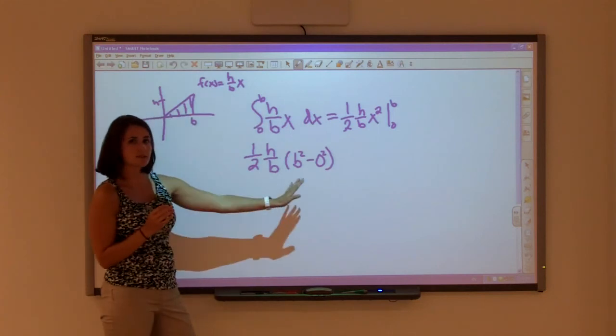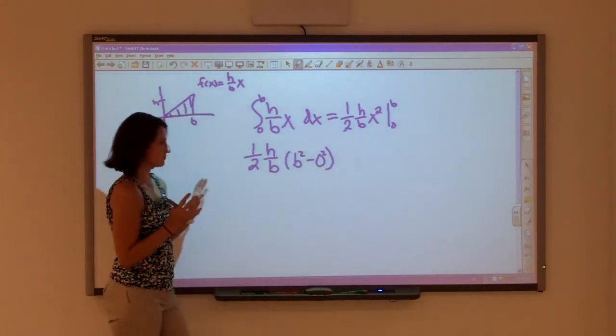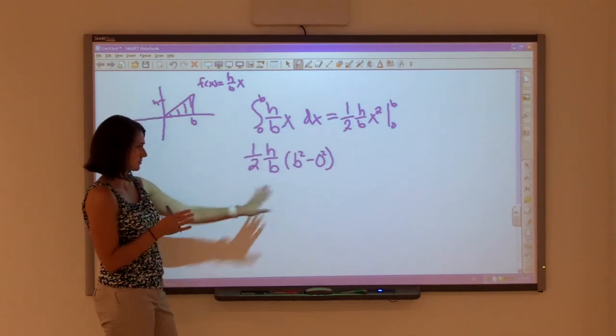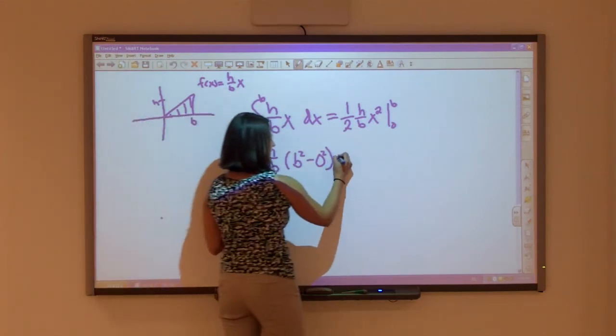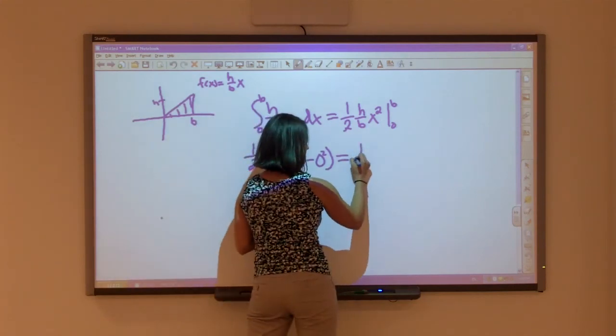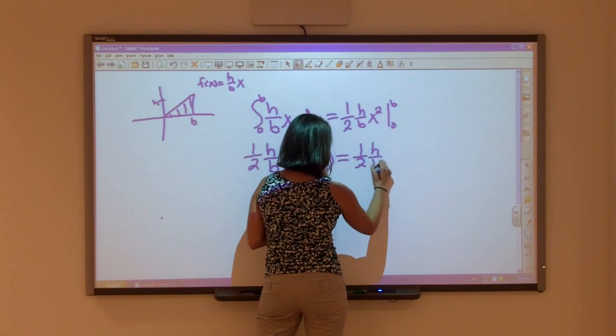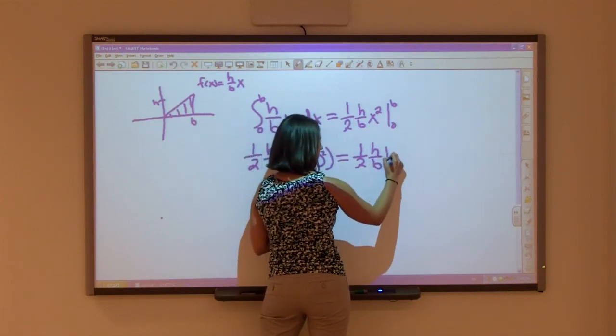Now you see how you can do it this way, or write them all out and subtract the entire thing. Both work just the same. So obviously the 0 squared is 0. So we can write this as 1/2 h over b times b squared.